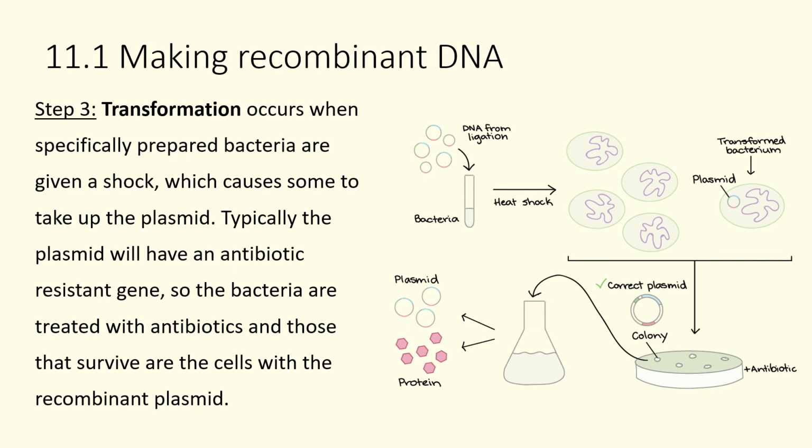Now, those that have been successfully transformed will survive, and those who haven't been will die. Okay? So then we've now got a whole bunch of transformed bacteria here, which are going to act as little factories for our recombinant plasmid DNA and also the protein or product that we want to make.